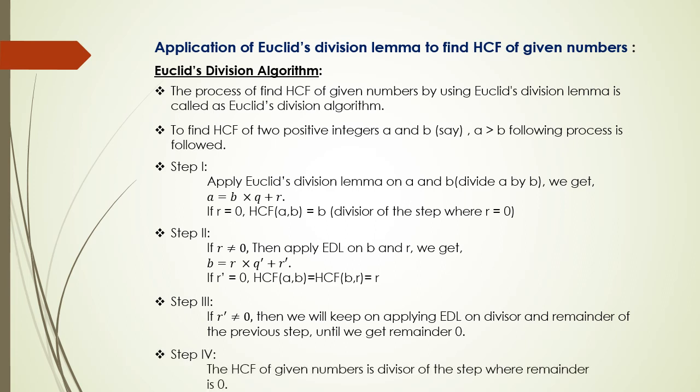Last step: the HCF of the given numbers is the divisor of the step where the remainder comes 0. So remember that we apply Euclid's division lemma again and again until we get remainder 0, and the divisor of that step is nothing but the HCF of the given two numbers.